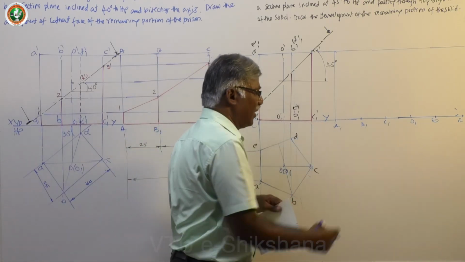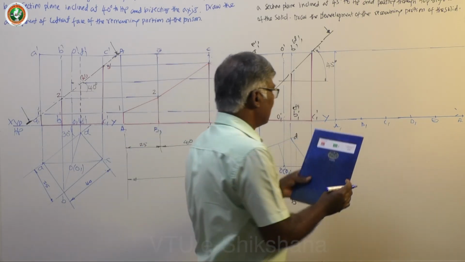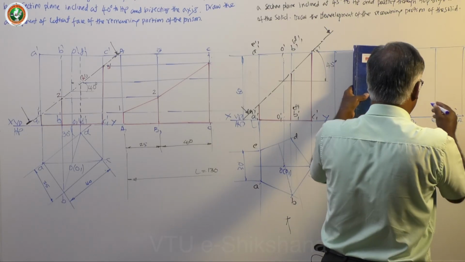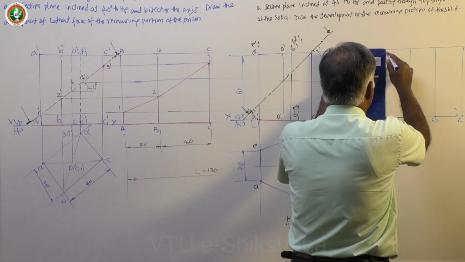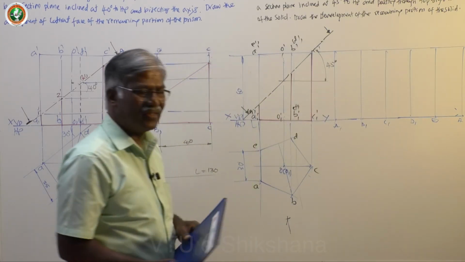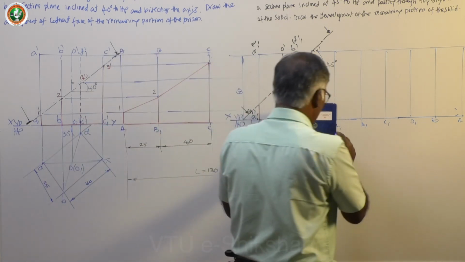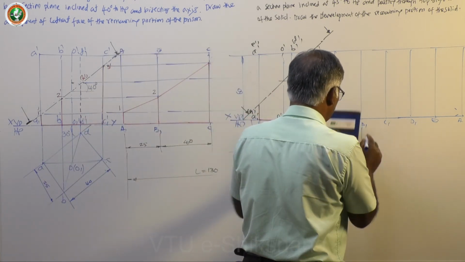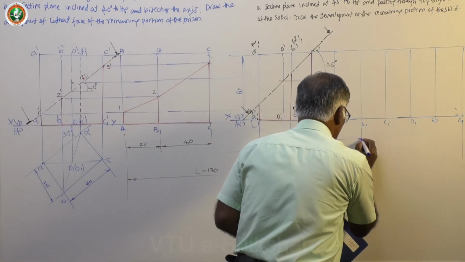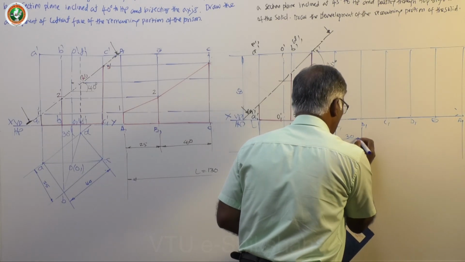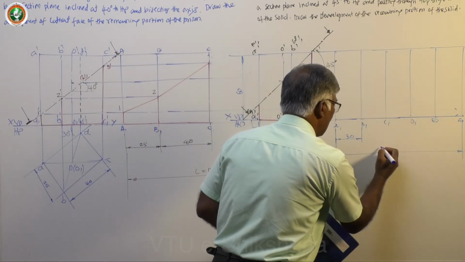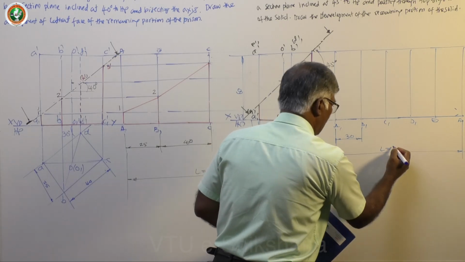This starts the development. Now start working with the vertical lines representing the edges of the prism. All are equal size. Distance is the same. Now you identify this one and the last one. This is 30 and the overall development length is L equal to 150.